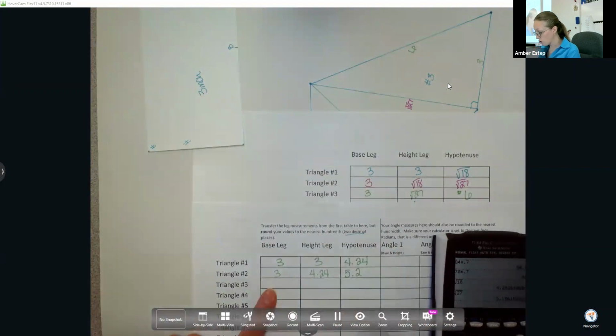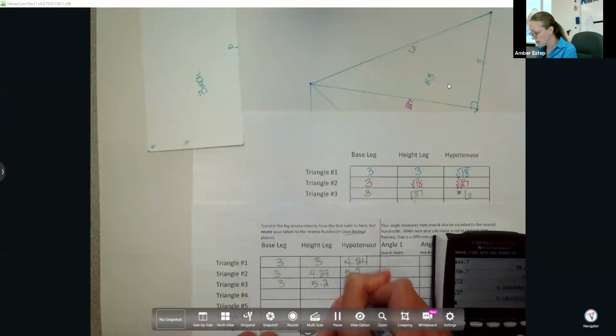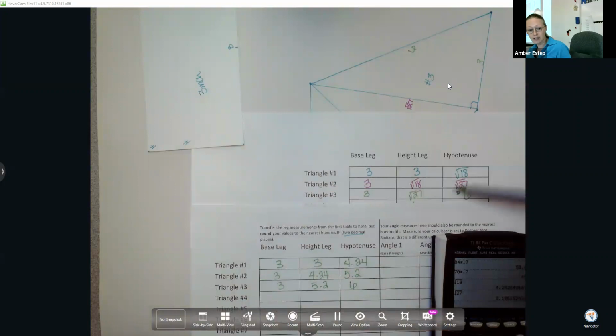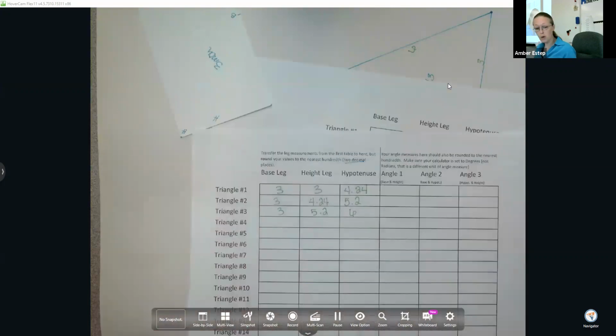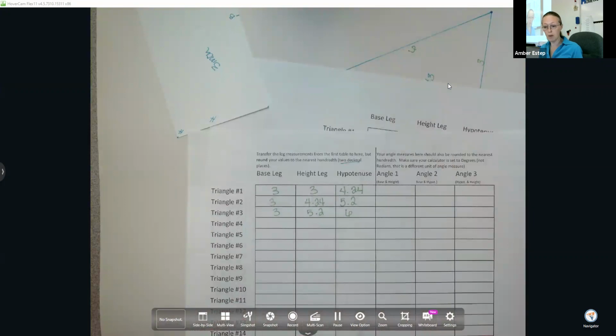So for the next one, triangle 3 is 3, 5.2, and 6. All you are doing is converting these to decimals to rewrite over here. That's all you have to do. And then we will look at how to fill out this side of the chart in just a little bit.